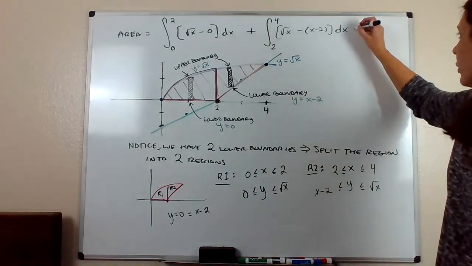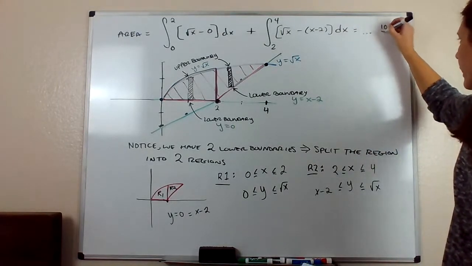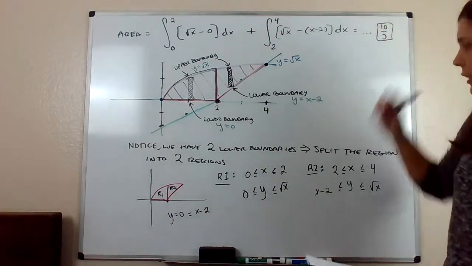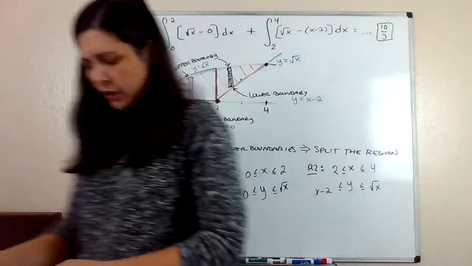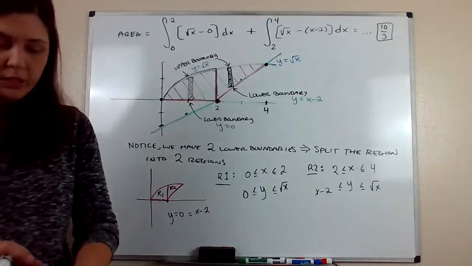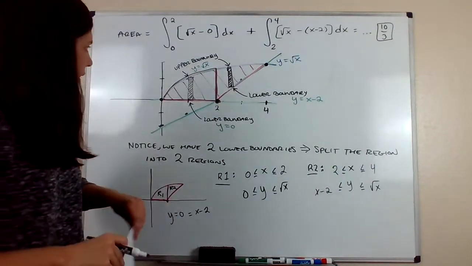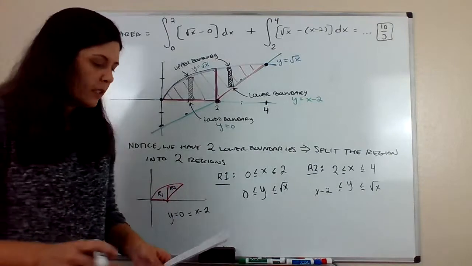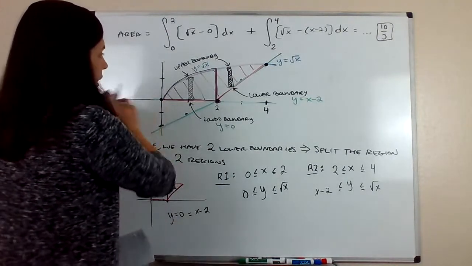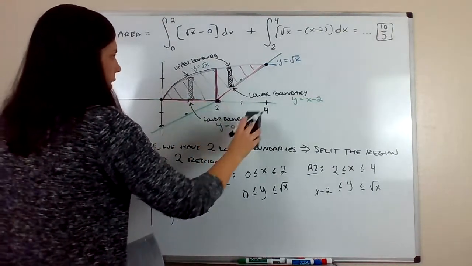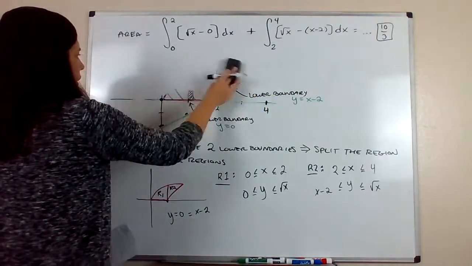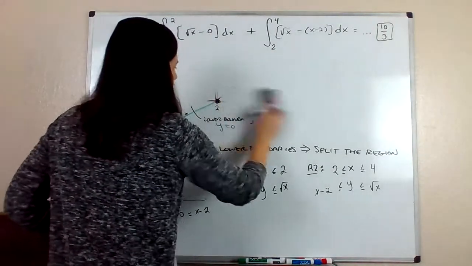Just so you know, if you do the work here, you're going to get 10/3. So if you want to check that just to verify, you can see what you get. But we're going to do it a different way. We're going to integrate the same region, but with respect to y this time. So I'm going to erase all this because it's gone a little messy, but I'm going to redraw it just briefly.